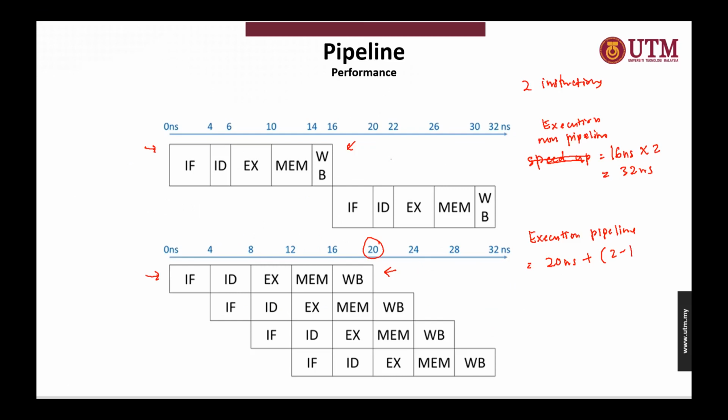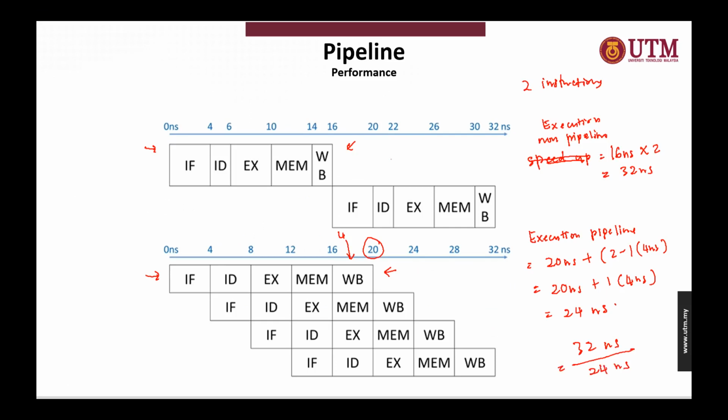Earlier one stage was 1 cycle, but here one stage is 4 nanoseconds, so you need to include the 4 nanoseconds here. So it equals 20 nanoseconds plus 1 multiplied by 4 nanoseconds, and you will get 24 nanoseconds. The speed up is 32 nanoseconds divided by 24 nanoseconds.